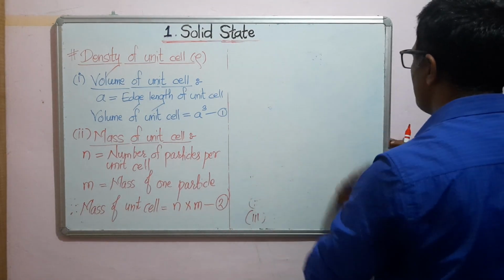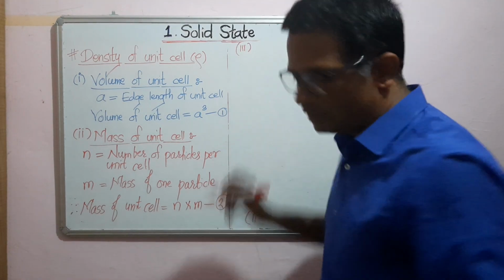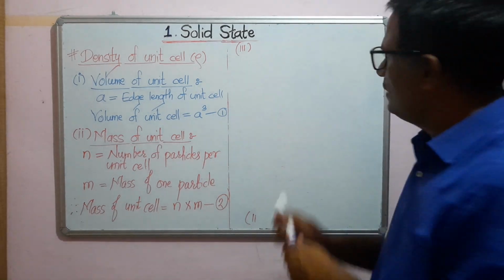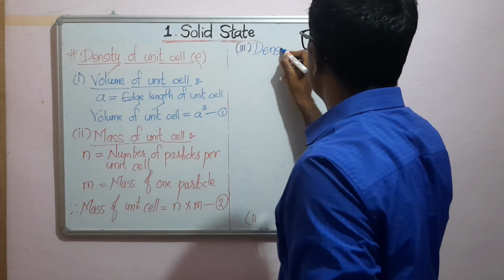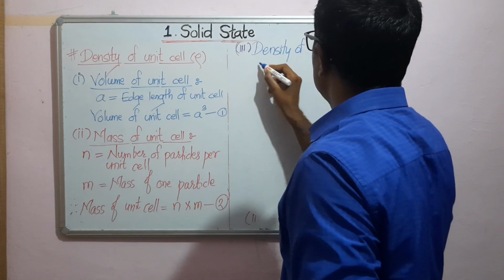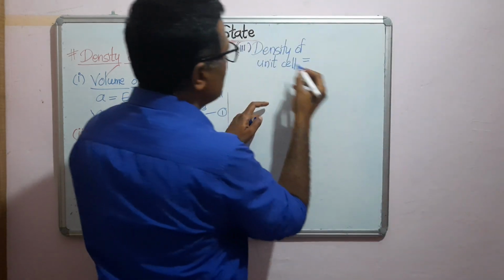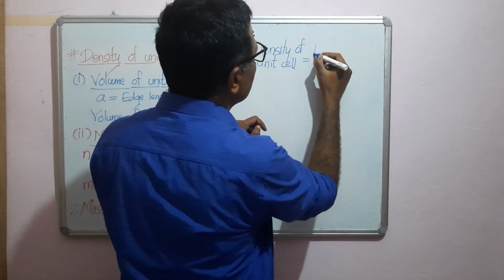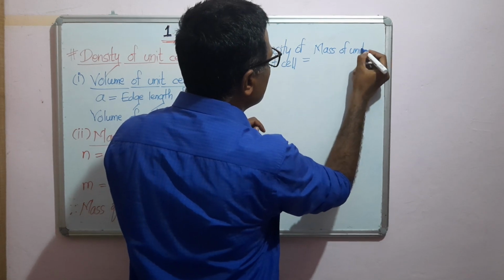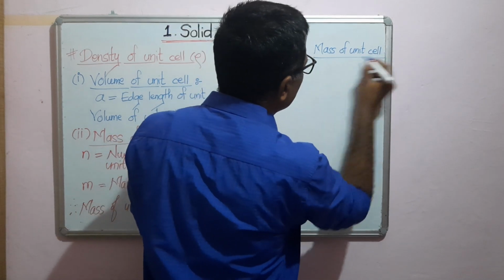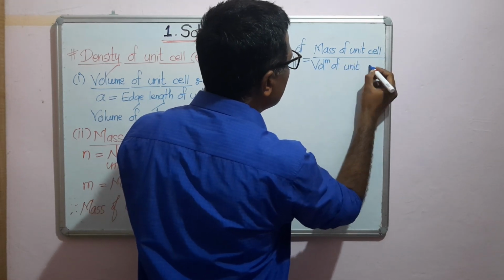Then the third step is the density of the unit cell. What is the density of the unit cell? The general formula for density is mass upon volume. So I will write mass of unit cell upon volume of unit cell.